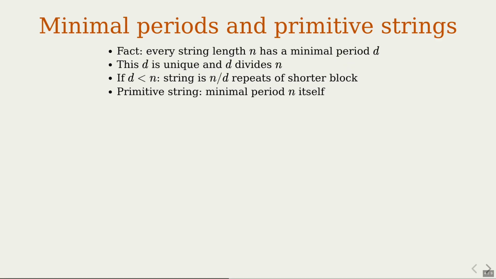We call a string primitive when its minimal period equals its full length, so it cannot be written as repeats of anything shorter. We define A of n to be the number of primitive strings of length n built from an alphabet with C possible symbols. So every string falls into exactly one bucket labeled by its minimal period, and A of n counts the ones in the bucket where the label equals n.